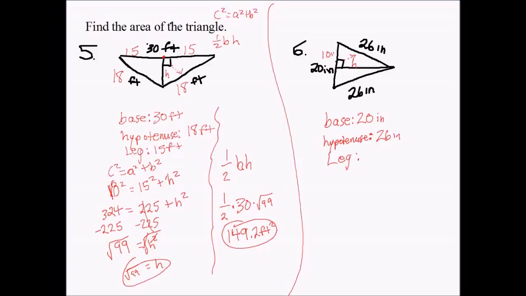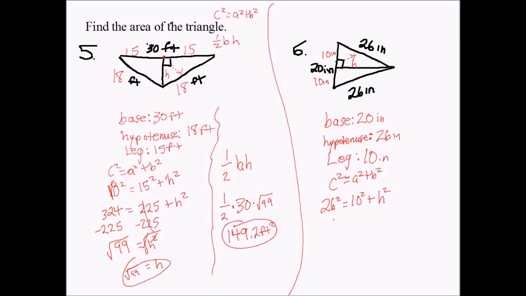So this is going to be 10 inches, and that's going to be 10 inches. So c squared equals a squared plus b squared. You have 26 squared equals 10 squared plus h squared.